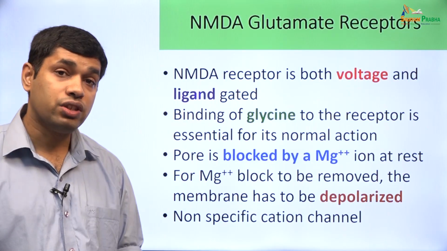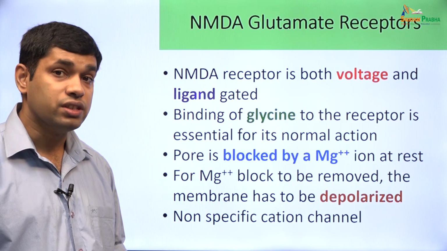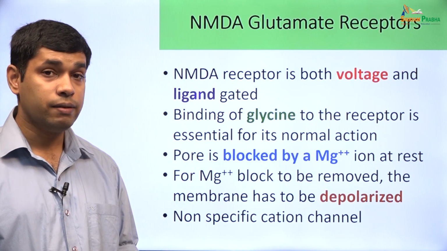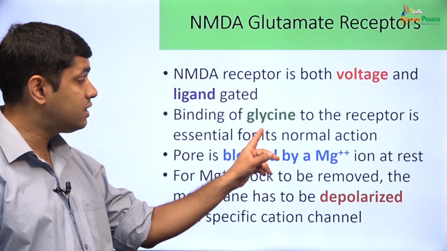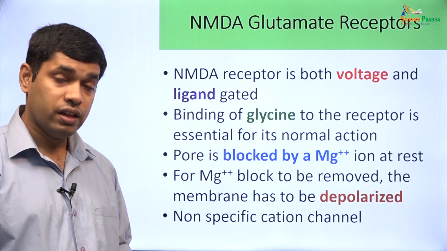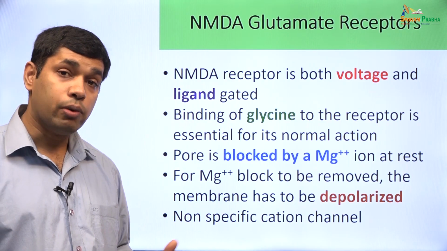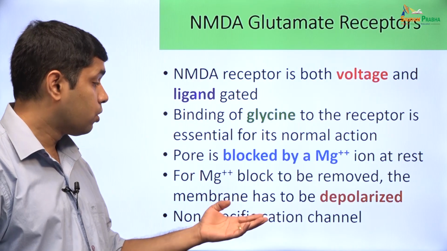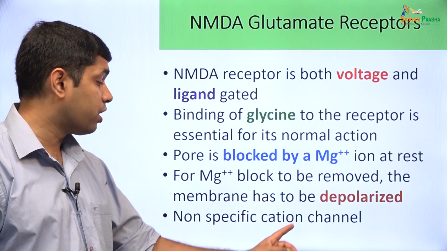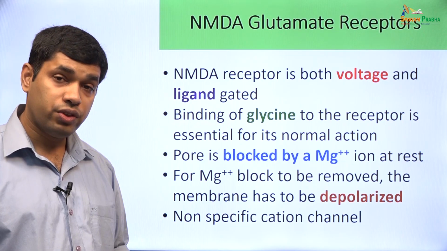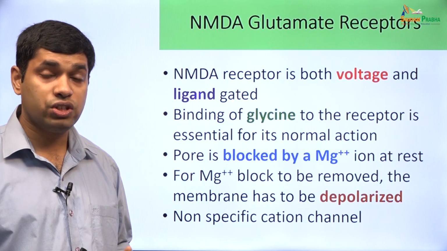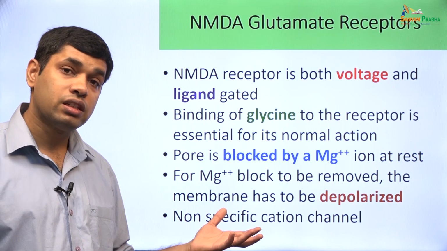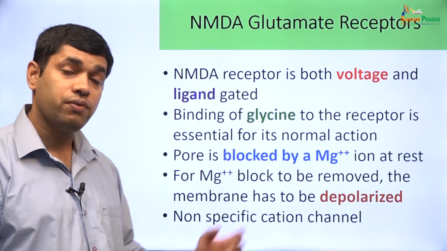The interesting thing about the NMDA glutamate receptors is that they are both voltage gated as well as ligand gated, and they also require glycine binding for normal action. Interestingly, this channel is blocked by magnesium, and for this magnesium to be displaced, we need an initial depolarization of the membrane. So, this is the NMDA glutamate receptor, where glutamate is an excitatory neurotransmitter. We are talking about this as an example of a non-specific cation channel.